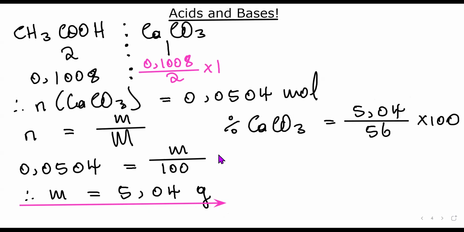There's not much of a difference, no? So if you now go to your calculator and you plug in everything, you find that the percentage of calcium carbonate is actually exactly 9% when you plug it in.